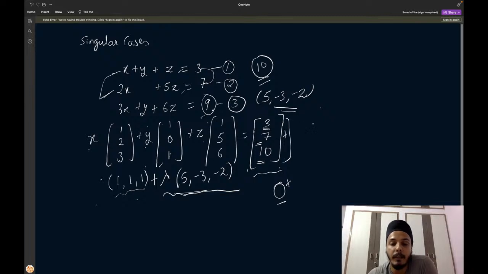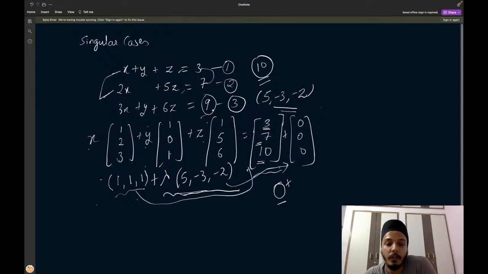So this lambda times 5, minus 3, minus 2 is the solution for this 0 portion, and this 1, 1, 1 is a solution for this 3, 7 and 10. This one we call a particular solution, and this is a null space solution that we will see later on.